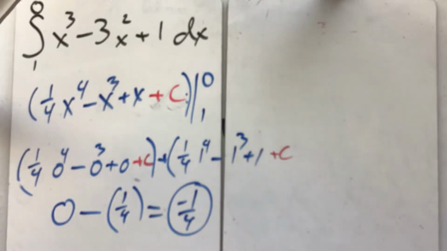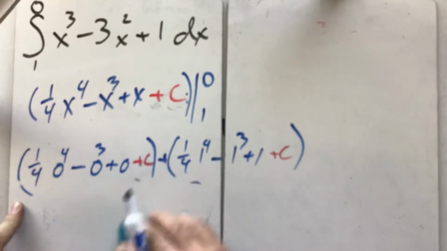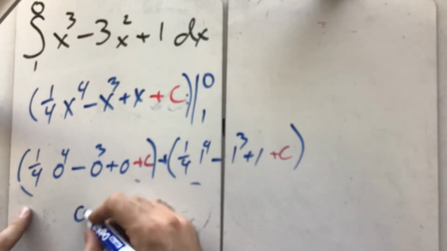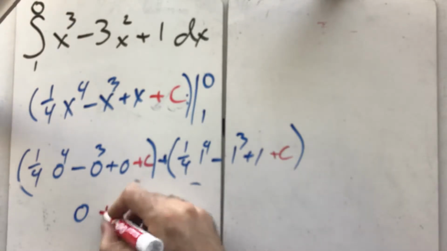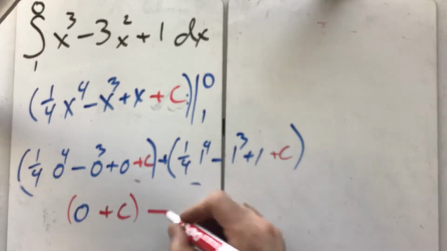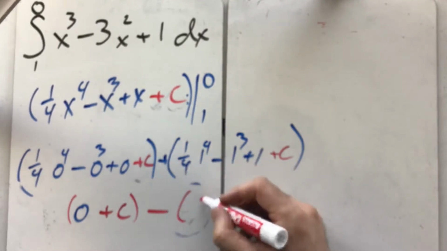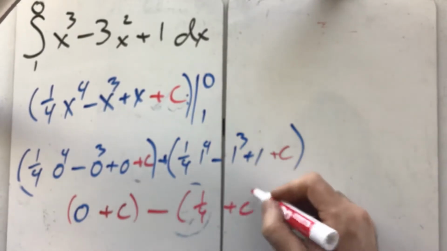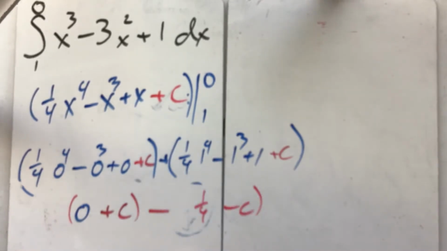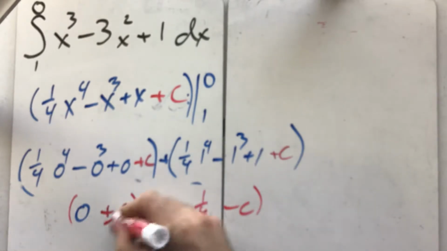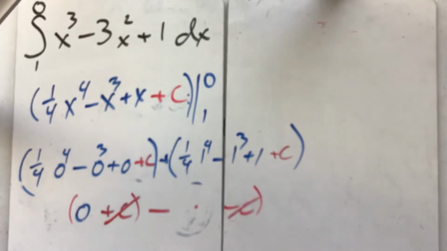Now notice what happens when we simplify. You would end up with 0 plus c over here, 0 plus c minus, and then this all again went to 1/4 plus c. But what you see is we have a plus c minus 1/4 minus c, and this c and this c cancel each other out.